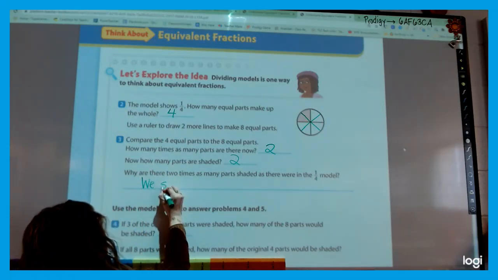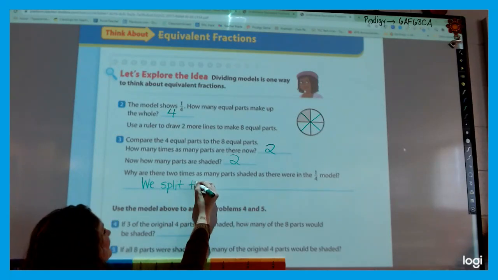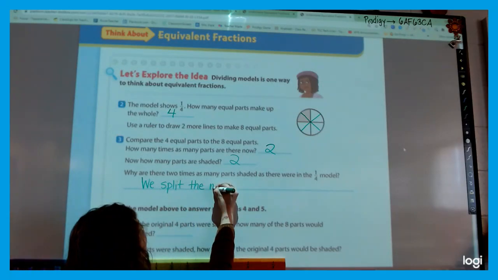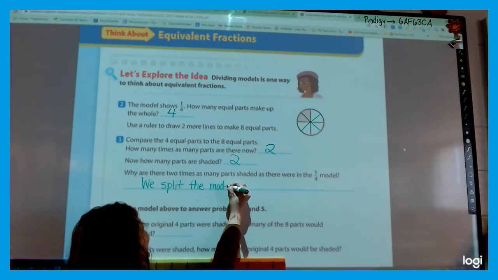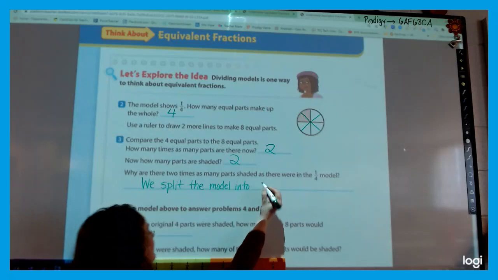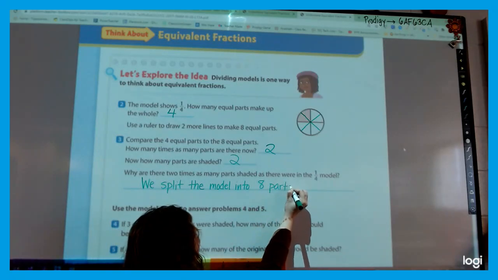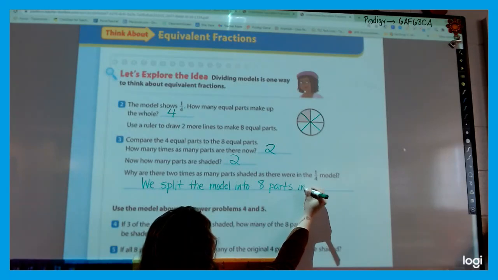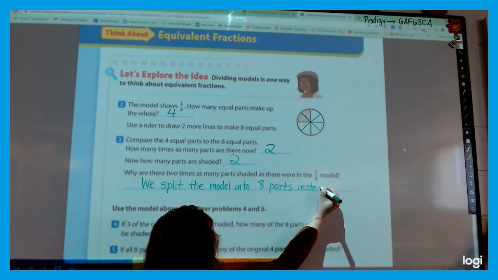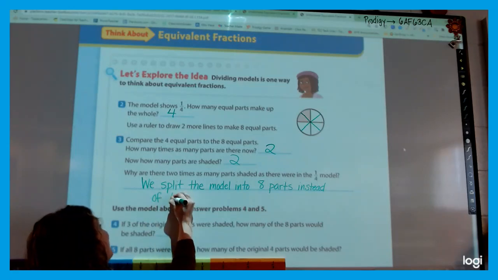So we can say we split the model into 8 parts instead of 4.